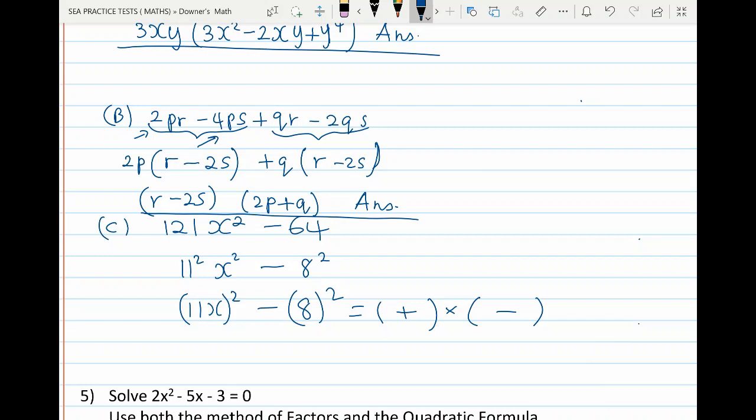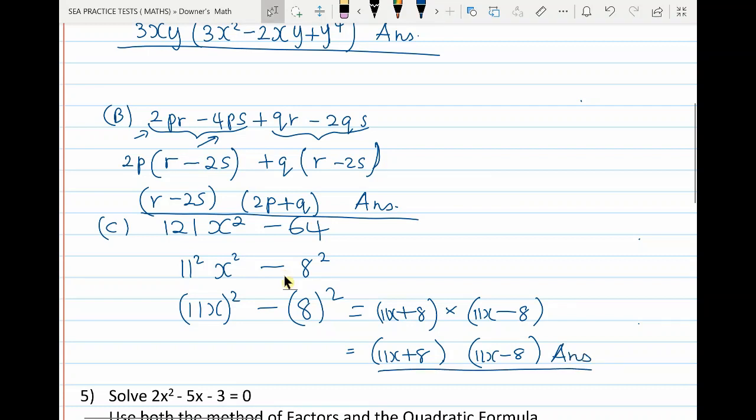So we have 11x and we have 8, and then we have 11x and we have 8. So ideally, to write it in its most perfect form, you'd have 11x plus 8 and 11x minus 8 in brackets as the final answer for this question.